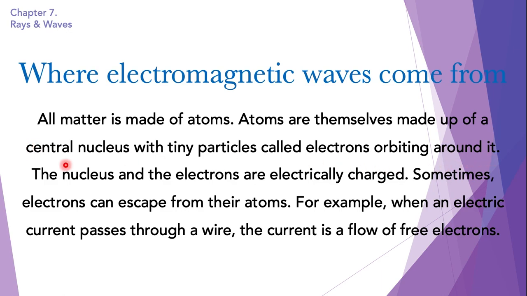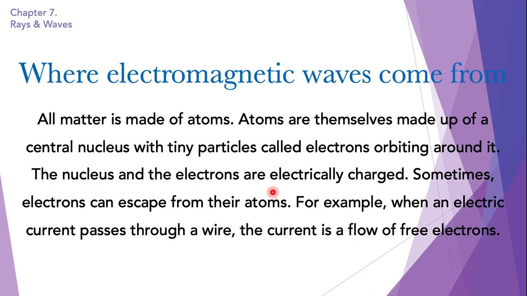The nucleus and the electrons are electrically charged. Sometimes electrons can escape from their atoms. For example, when an electric current passes through a wire, the current is a flow of free electrons. Mostly metals have free electrons because they're good conductors. So this is how electromagnetic waves are formed, when electrons escape from their atoms.